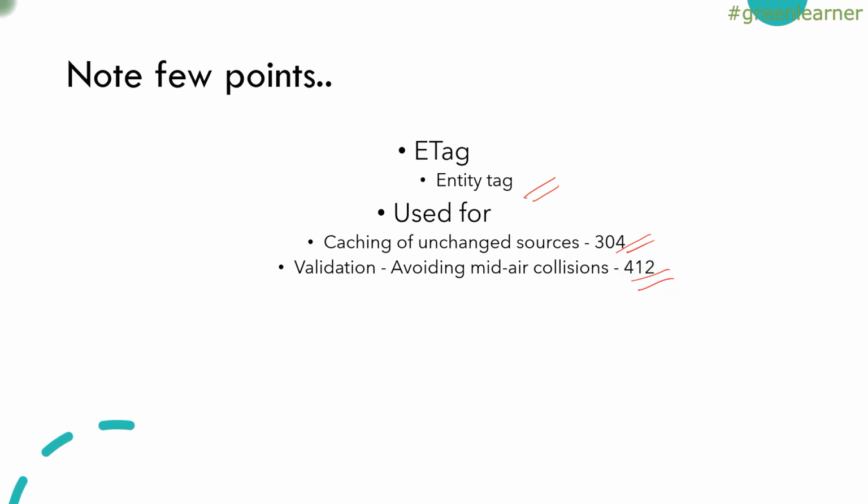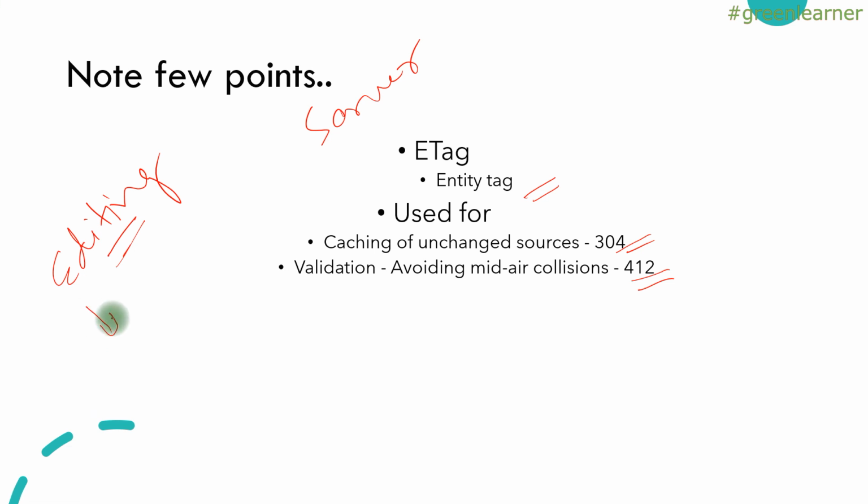Validation, in the sense that if I talk about a Wikipedia page, you are editing some content on the page and the server has to save that edited content when you send the request. For all the content that it has saved, it can have a tag, that e-tag.